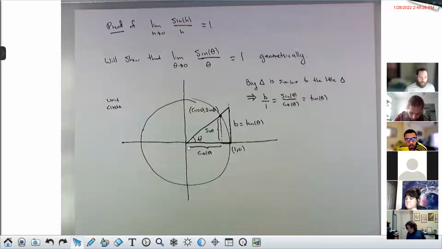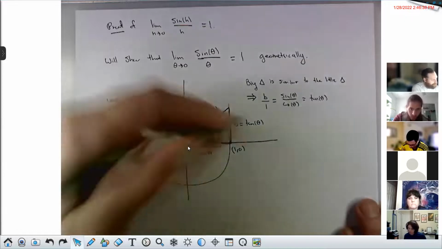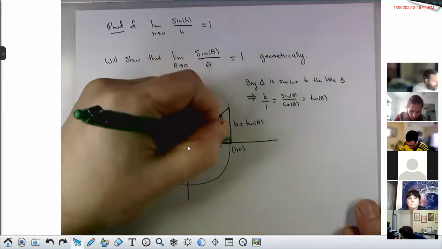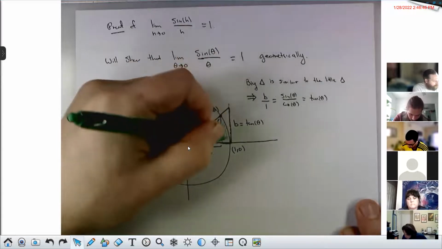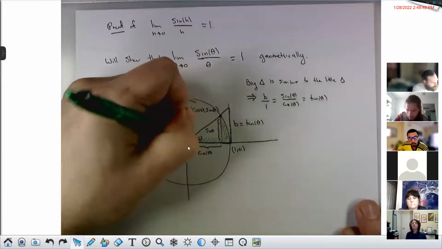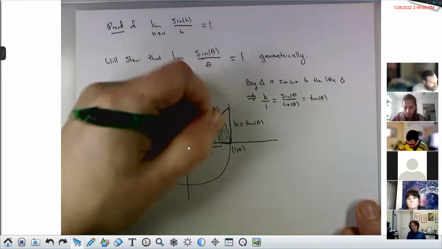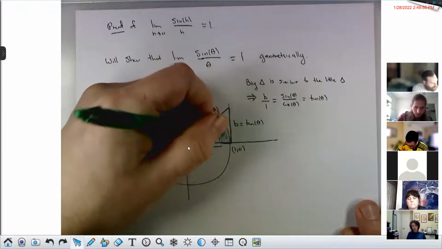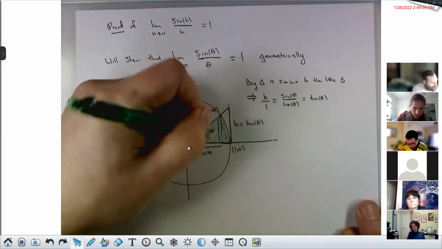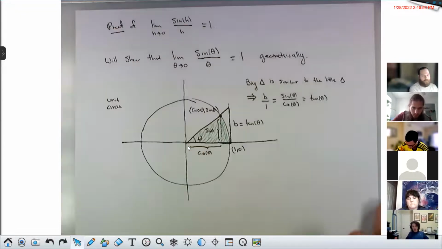Next, what I'm going to do is compare 3 different areas. One of the areas I will shade green here. The area of the sector of that circle.